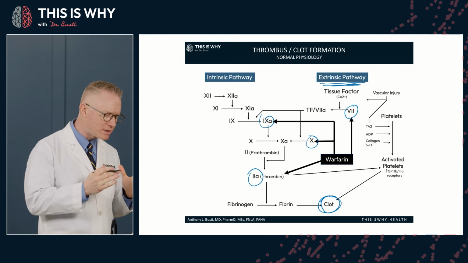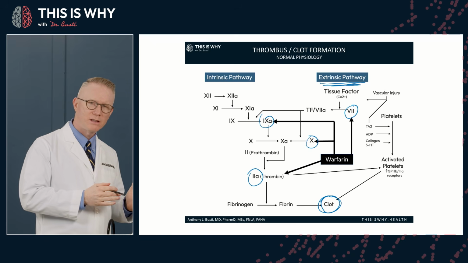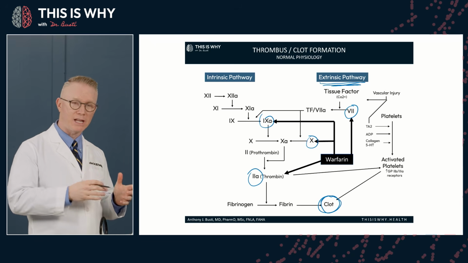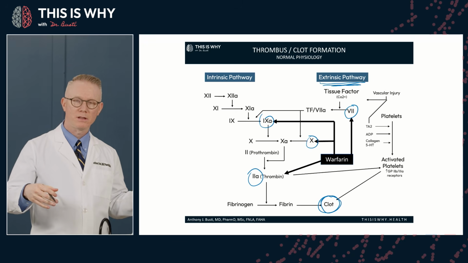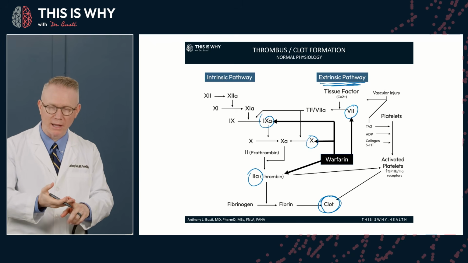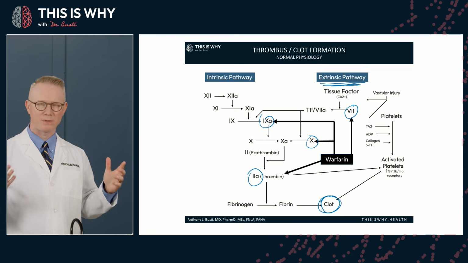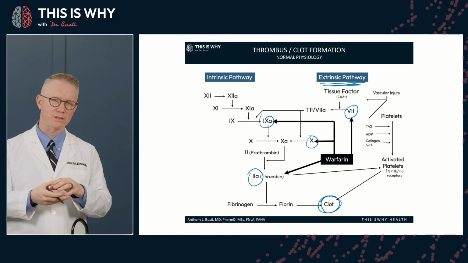Why is that? Well, because at the end of the day, there are platelets present, and there's fibrin present in clots that are arterial versus venous. They all have red blood cells, they all have fibrin, they all have platelets. They just vary in their composition and the percent of their composition of that thrombus.